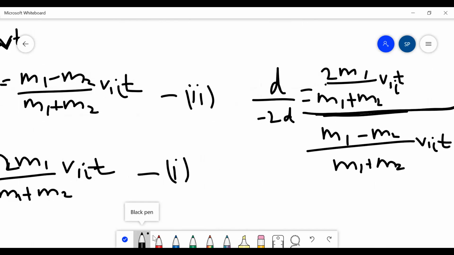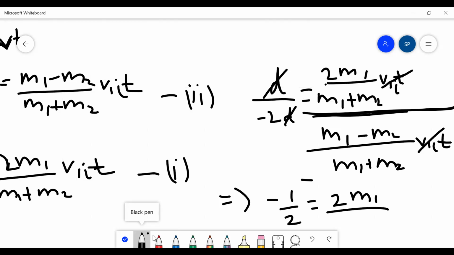This entire thing is the division. When I do this, the problem is simplified. d cancels, v1i and t cancel. So you'll get minus half is equal to 2 times m1 by m1 plus m2, divided by m1 minus m2 by m1 plus m2.